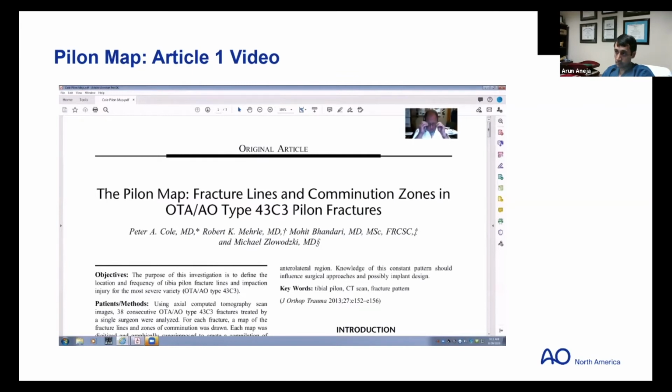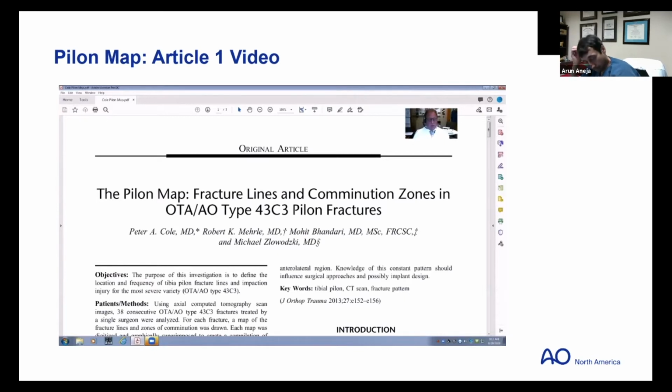I'm not sure that all of this applies perfectly to fragility fracture variants or the Pilon fracture in the more elderly patient. This was a pretty typical high energy young 80% male population which made up these Pilon fractures.